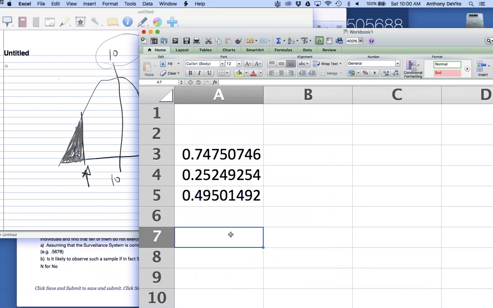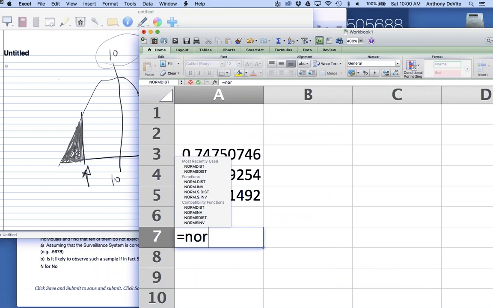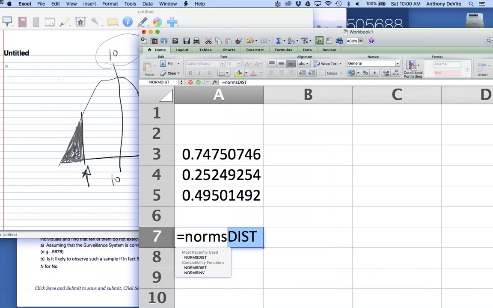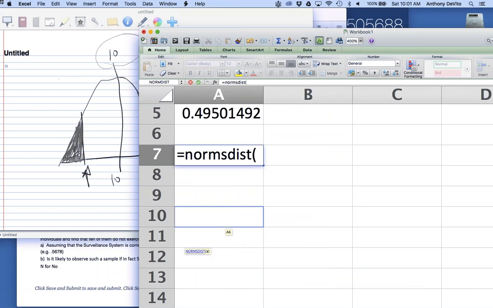So I had NORM.S.DIST. That was very convenient because all I needed was the z-score to get the area to the left of that z-score. I wish I had a way of doing the inverse of that. Well, let's see if maybe I do.